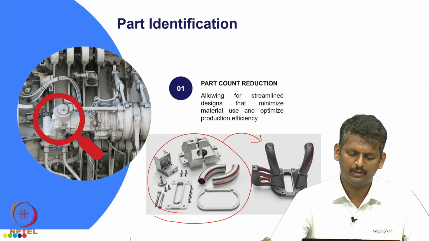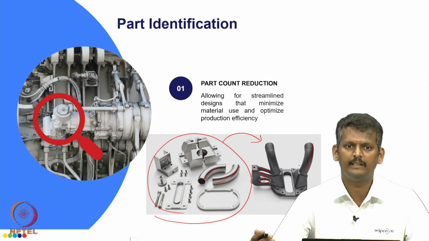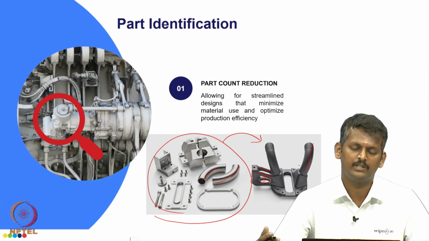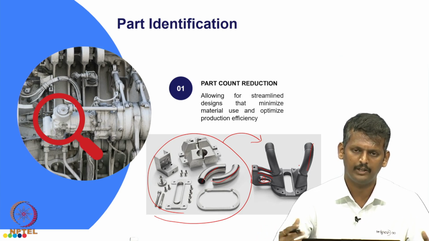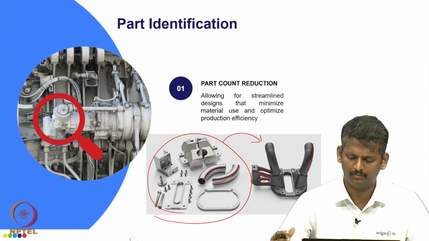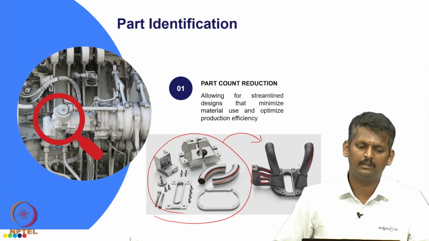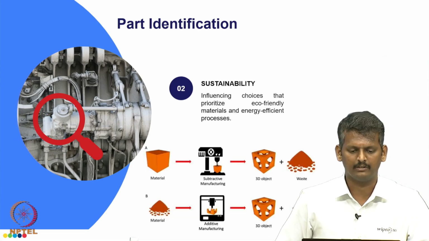In part identification, we can look at a component which is very critical in design, try to minimize the number of components, and monolithize the component to make it better. So this is one such factor in doing the part identification.